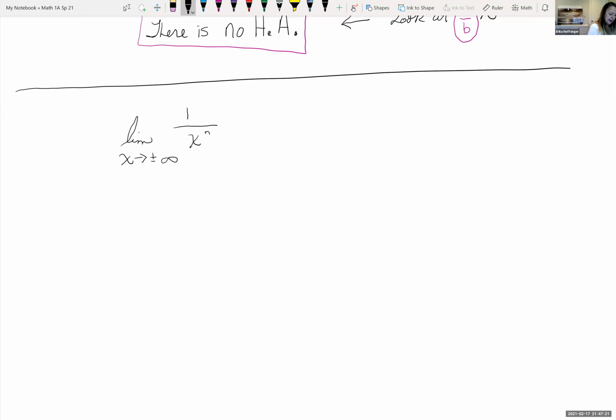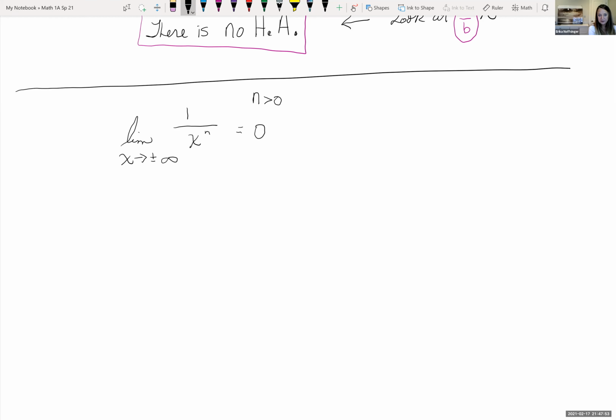So if this is the case, and n is a number that's bigger than 0, then this value here is going to go to 0. If you have any number here, dividing by x, and you're plugging in positive numbers going to positive infinity, this is blowing up huge. So 1 over a huge number, any number over a huge number that keeps on getting bigger, goes to 0.